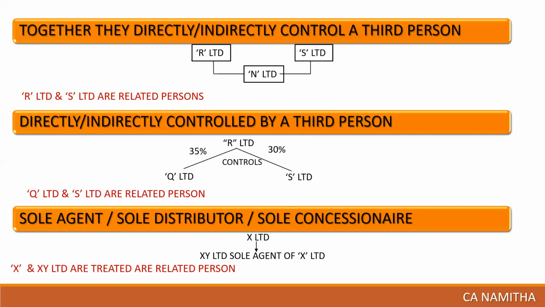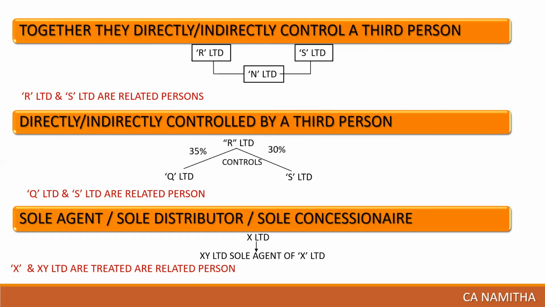Moving on to the next category, that is directly or indirectly controlled by a third person. For example, if Q Limited holds 35% of R Limited shares and S Limited holds 30% of R Limited shares, then it implies that Q Limited and S Limited are related persons.